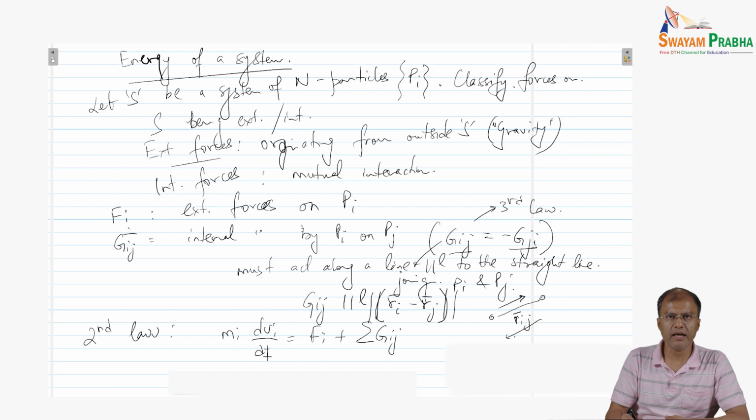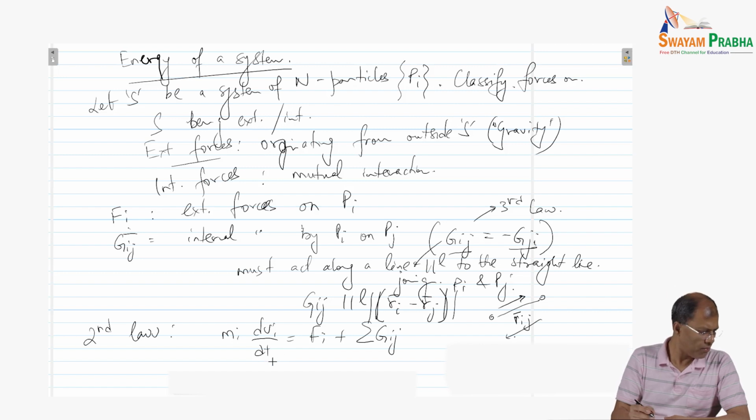This is for each particle, and I can now sum it up for all particles. Let me introduce this quantity T, which is the sum of half mi vi squared. I take the speed, not the velocity, and sum it over all i. So this is my kinetic energy.